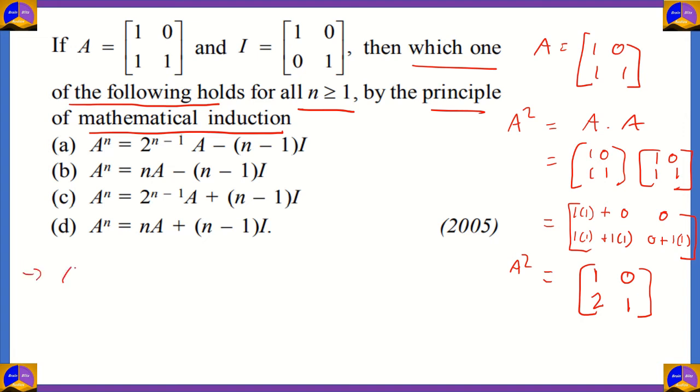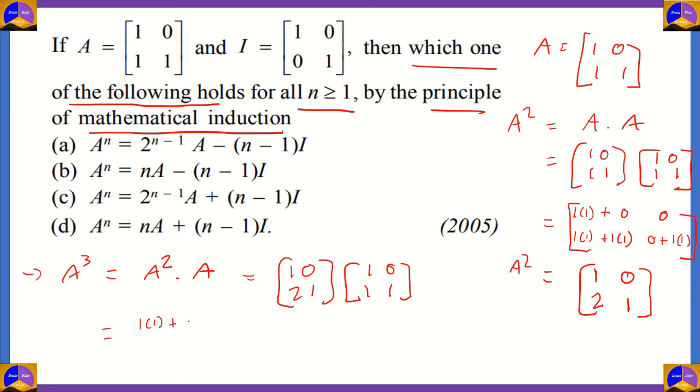Now similarly, the matrix A cube is just similar to writing A squared times A. Since we know the matrix A squared and the matrix A, it's just a matter of simple matrix multiplication. [1, 0; 2, 1] times [1, 0; 1, 1]. So that is equal to 1 times 1 plus 0 times 1, 1 times 0 plus 0 times 1, and then 2 times 1 plus 1 times 1.